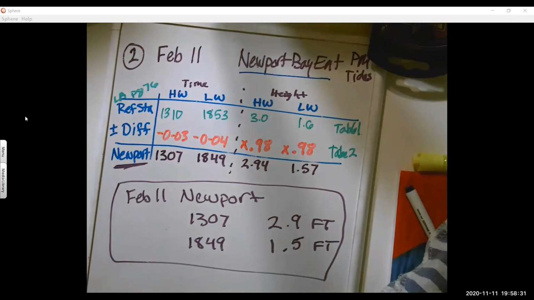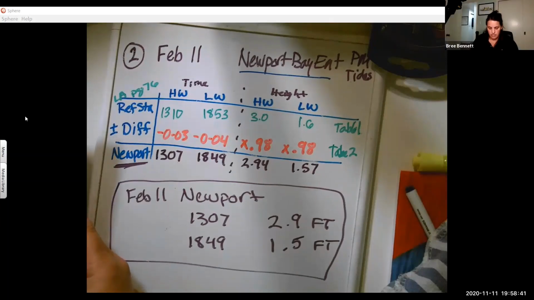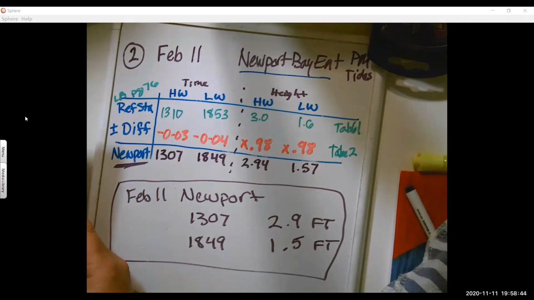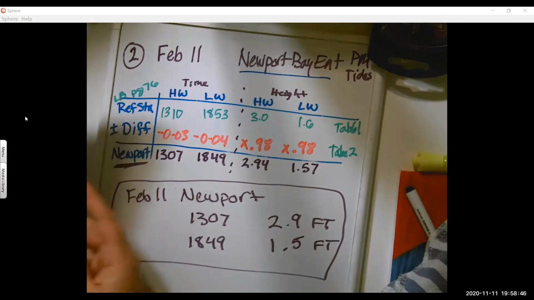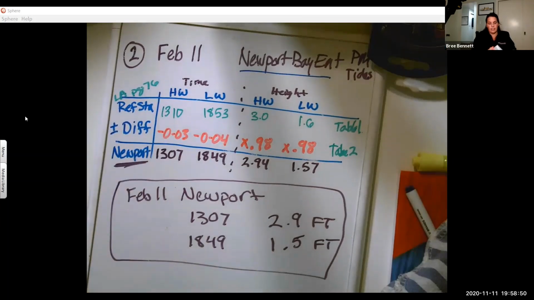So for some areas like that, I'll use the correction. But Newport Beach is 0.98, very close to 1. I just ignore it. Yes. Okay.